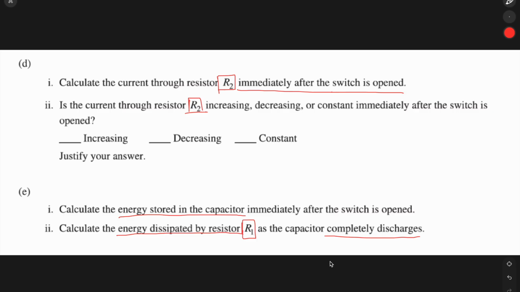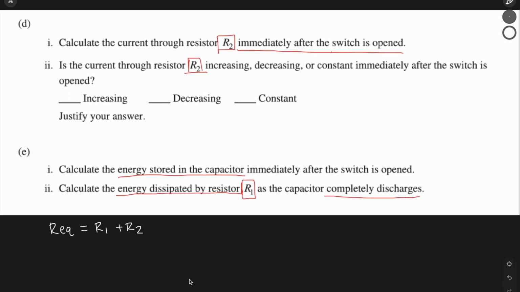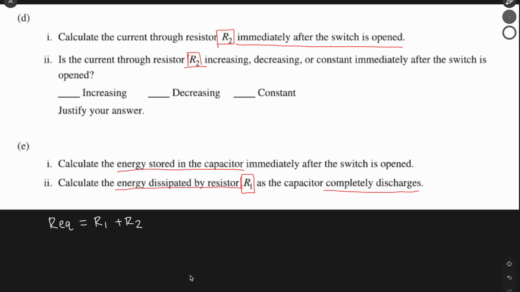If you'll recall from part C, right after the switch is opened, our system is going to become kind of like two resistors in series. So our equivalent resistance is going to be R1 plus R2. And we can use simply Ohm's law for this now because our capacitor is going to act like a voltage source because it's been charged.